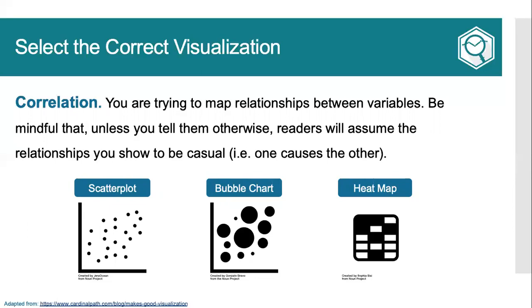Unless you tell readers otherwise, they will generally assume that the relationships you present are causal. In other words, that one variable is causing the other to happen. So for showing relationships, you can use scatter plots or bubble charts. Heat maps are also very popular.